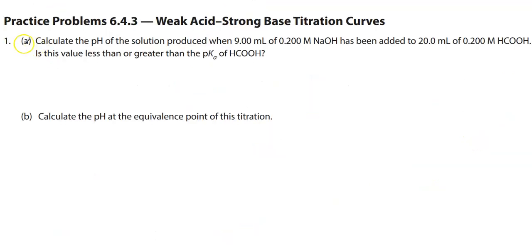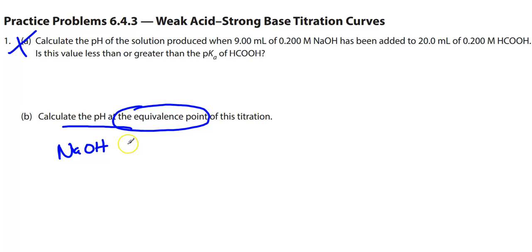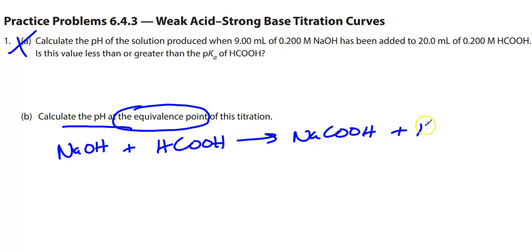Okay, so for part B, so we did part A already. Part B, calculate the pH at the equivalence point of this titration. Okay, so I'm just going to go over here and actually I'll just rewrite it out again. Plus water.